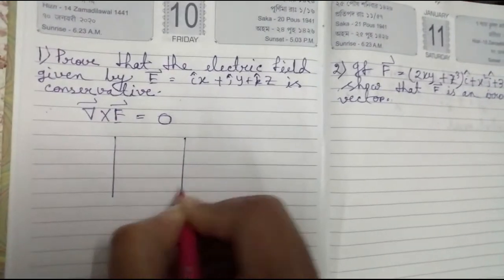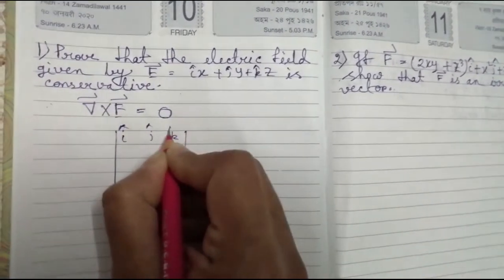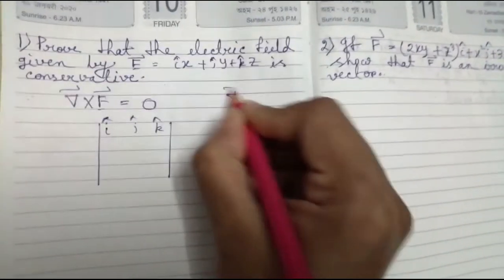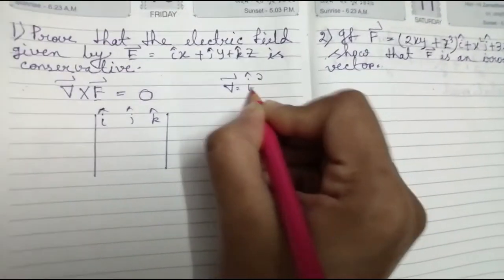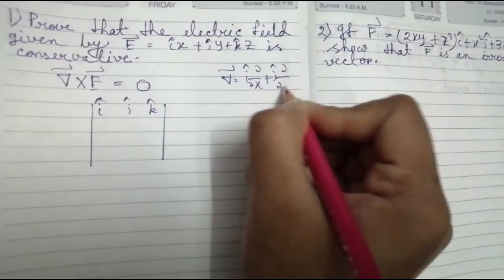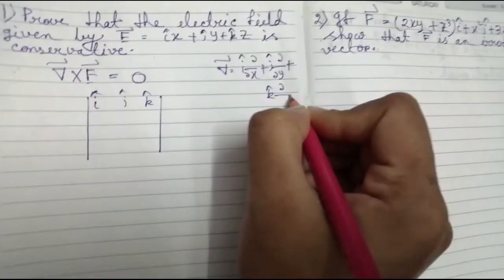So here first you have to write the three unit vectors i cap, j cap and k cap. Now nabla, as we know, is equal to i cap del del x plus j cap del del y plus k cap del del z.